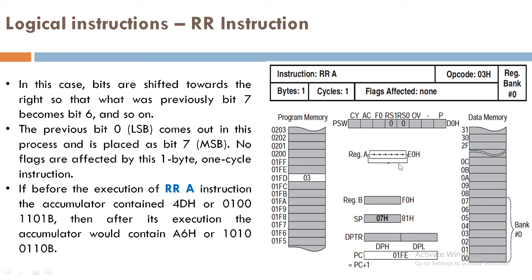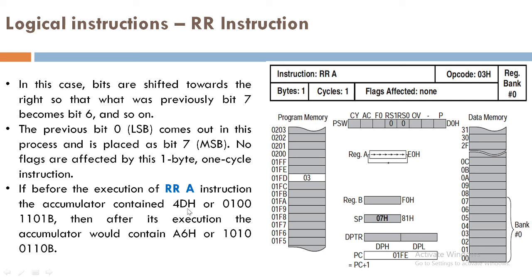Okay, a simple example: if you take 4DH, which is 0100 1101 in binary, where 4 is 0100 and D is 1101. So this is 4D hex.